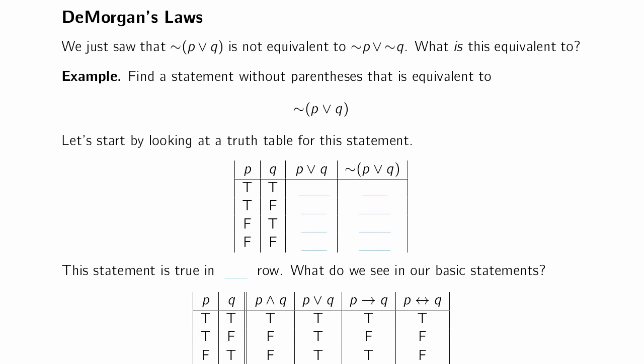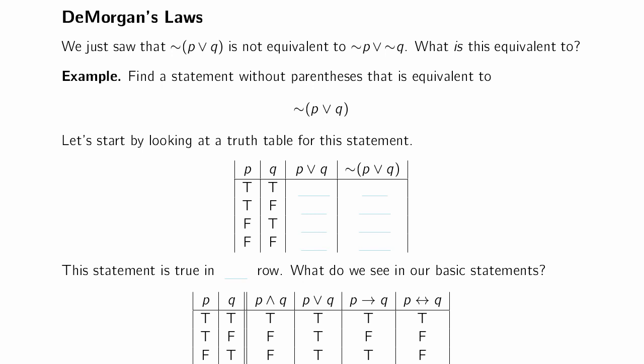We just saw that the statement not (P or Q) is not equivalent to the statement not P or not Q. Now, that might be disappointing to us if we're coming, for example, from algebra, where we can get rid of parentheses by distributing a negative sign.